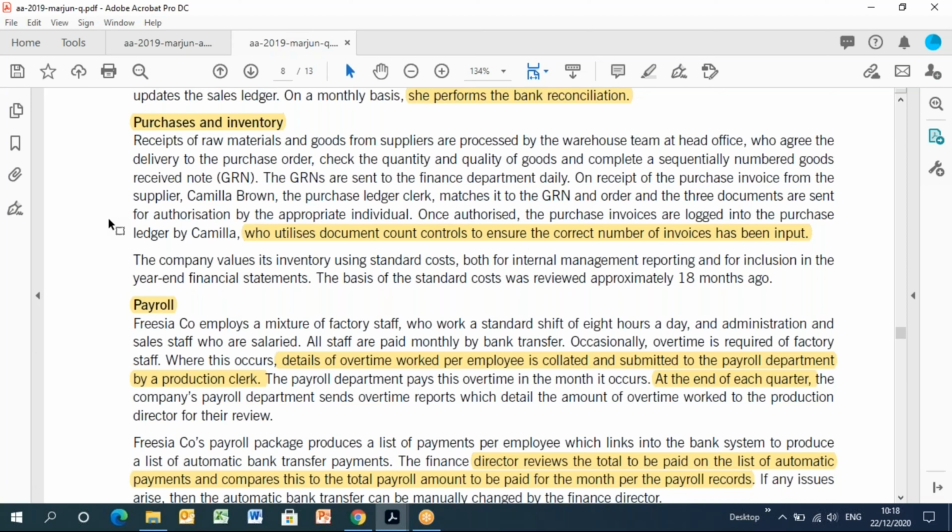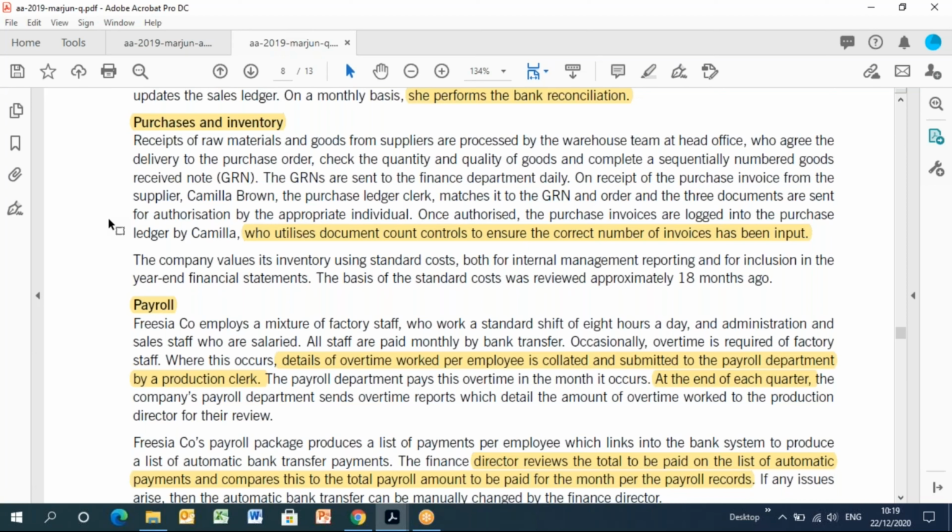So this is a deficiency, and you should say that it might lead to purchases being under or overstated if the amounts are not correct. As a recommendation, you should say that the person should use a batch control system, meaning that when she enters the invoices into the system, it gives you the total number of invoices, so that you can compare the value it was given for 10 invoices in the system with the value that you have physically on the invoices.